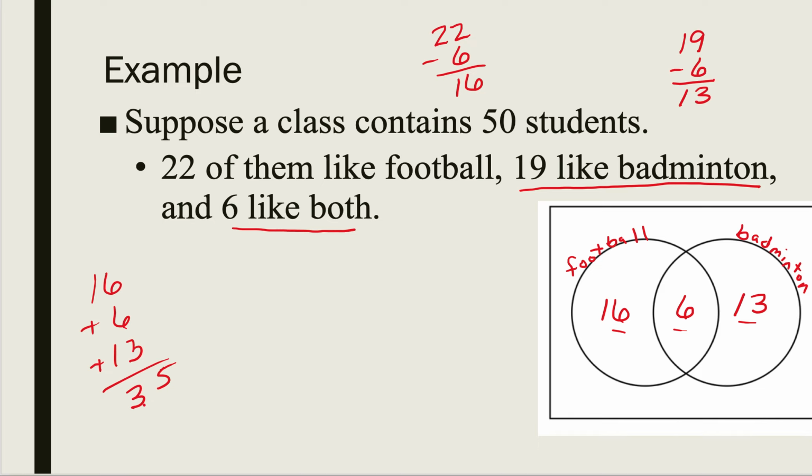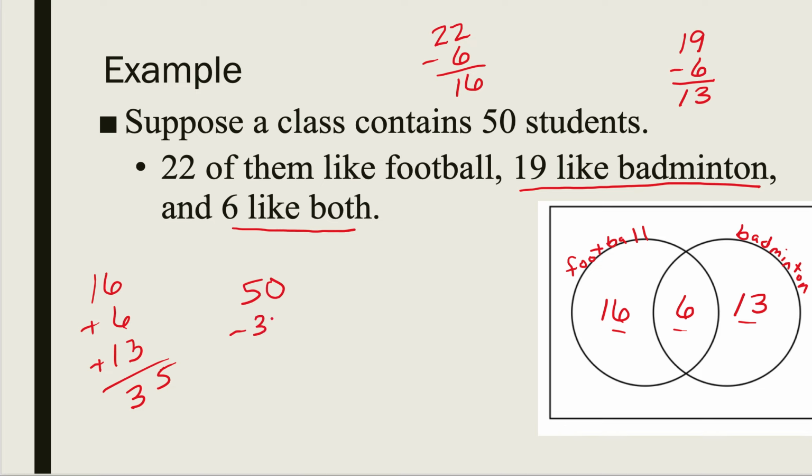So I have 35 students in the diagram, but we know that the class has 50 students. So where are the rest of the students? The rest of the students would be people who, when you ask, do you like football or badminton, said, no, I don't like either one. Let's see how many there would be.